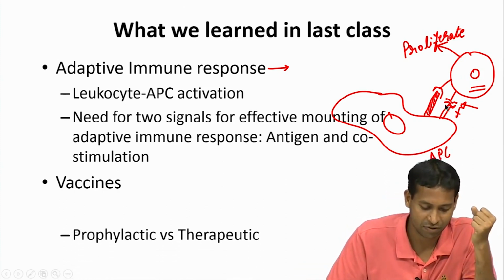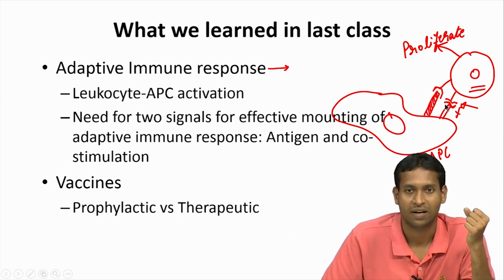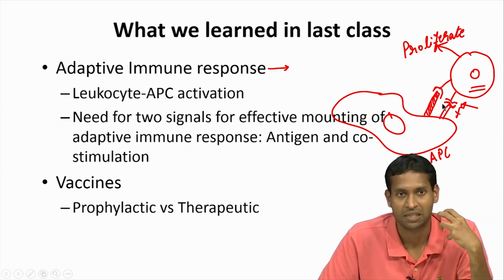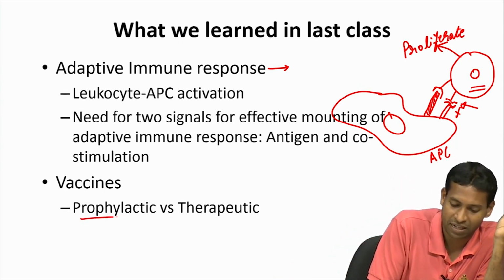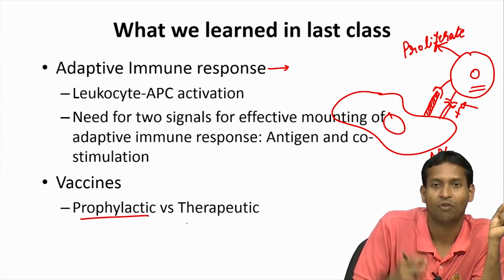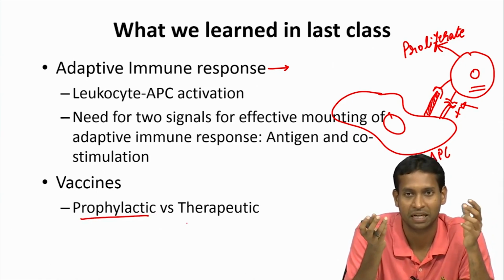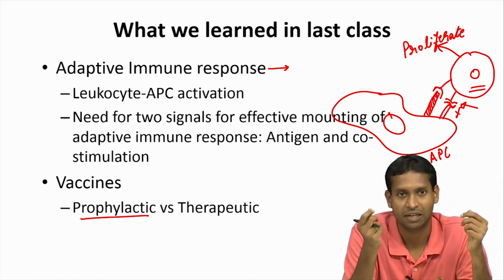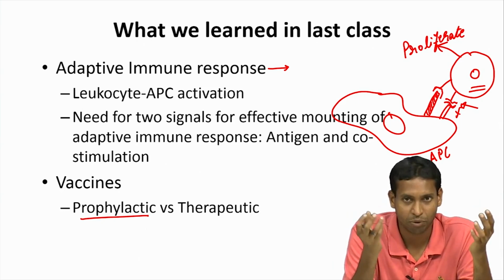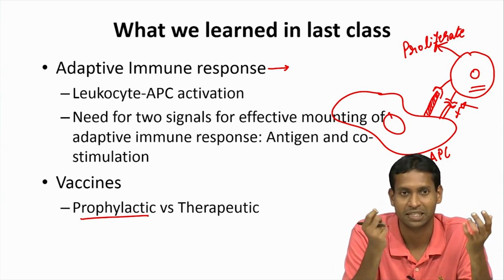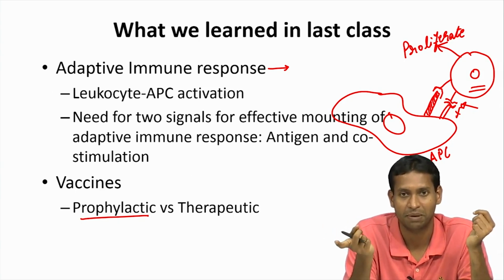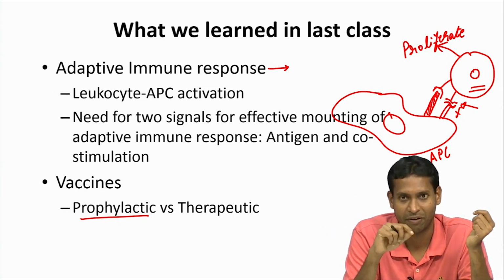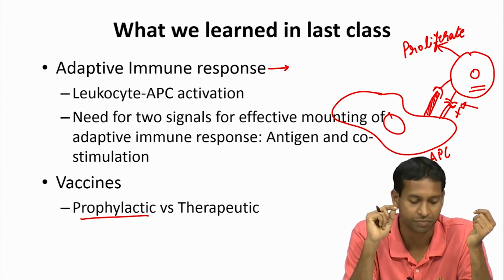In vaccines, we discussed vaccine content and type on the basis of timing. We discussed that a prophylactic vaccine is something that is given before the disease has taken place. This is the most common scenario. We take polio vaccines, BCG vaccines, and these are given in anticipation that a baby may get a virus or a bacteria in future.